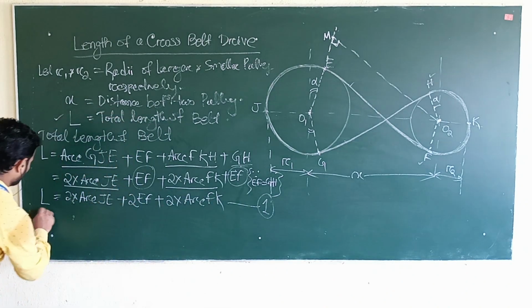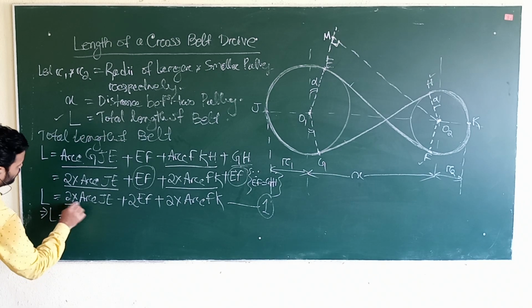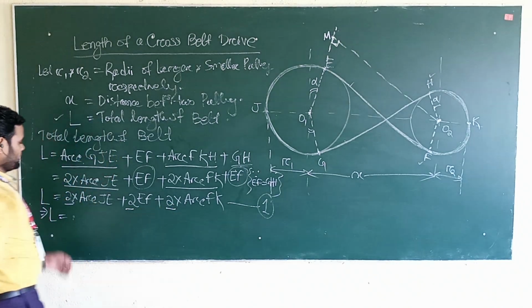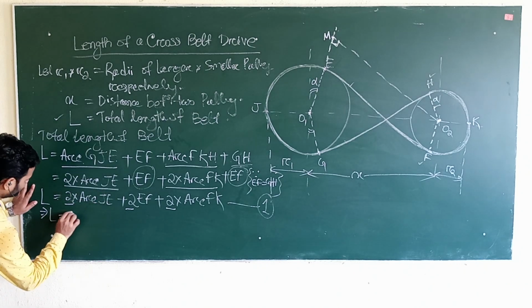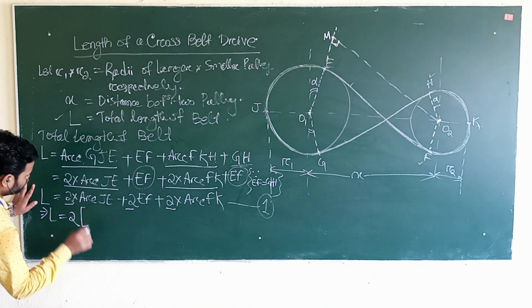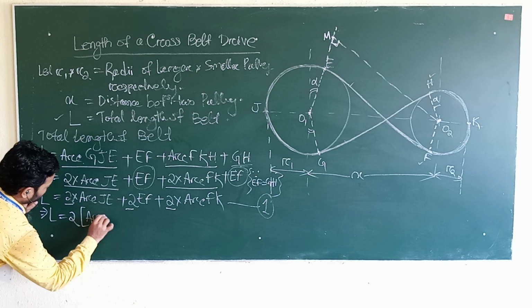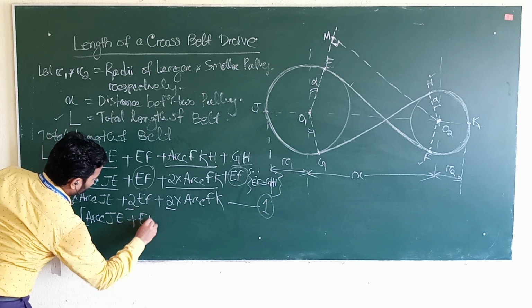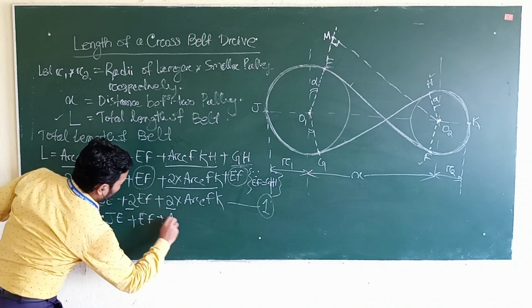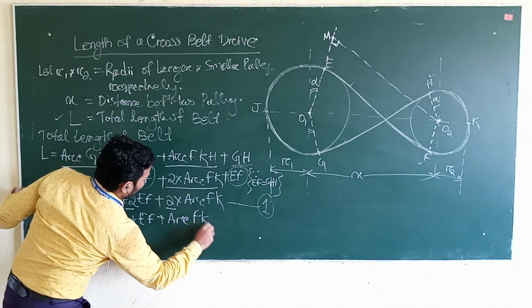Or you may write capital L equal to 2 common from each term. As 2 is present in each term, we can take 2 common: 2 times the square bracket of arc JE plus EF plus arc FK.